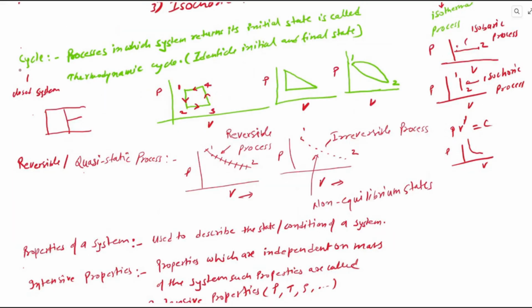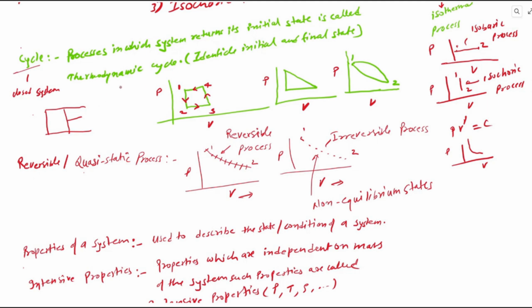Next is the cyclic process. In a thermodynamic cycle, or cyclic process, the system returns to its initial state.